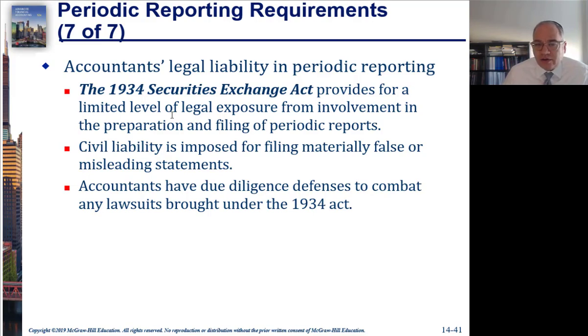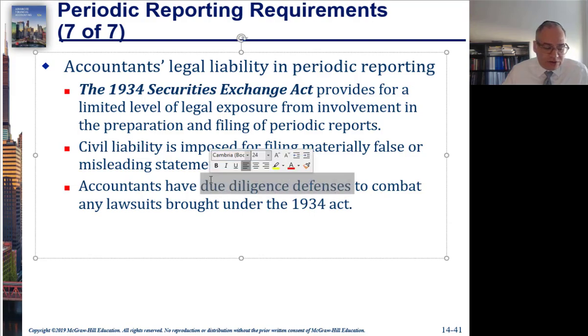And they also impose civil liability that accountants could be sued for filing materially false and misleading statements. And in the old days, it had to again be a situation where accountants clearly did not follow the rules that they were required to follow. So they have an obligation of what's called due diligence.